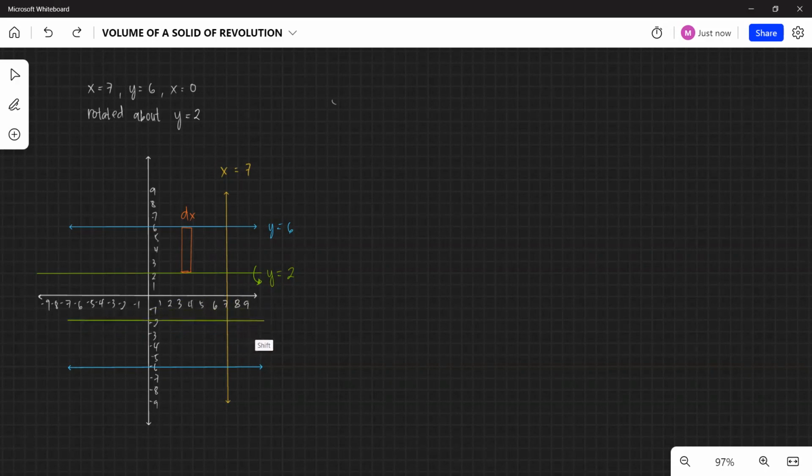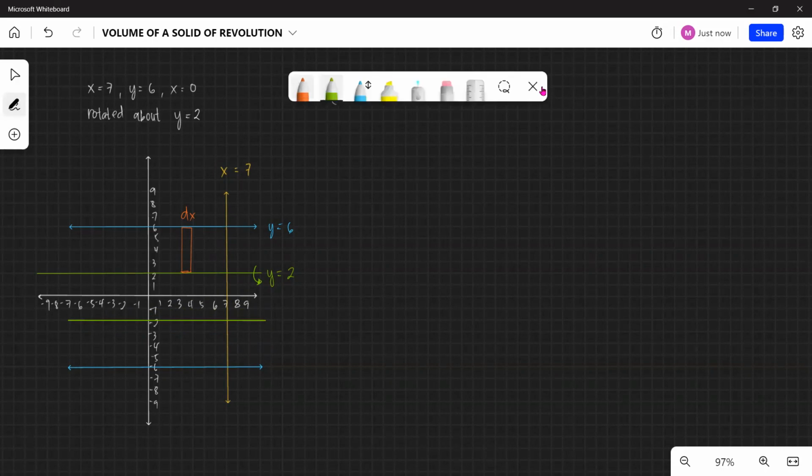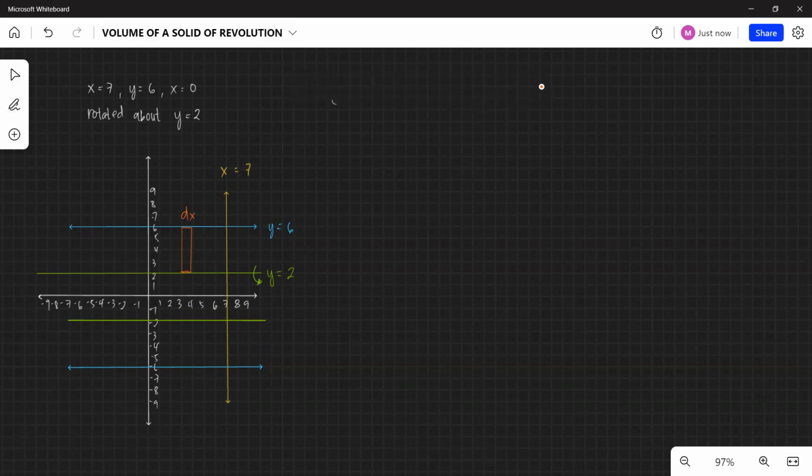Make sure it's a uniform radius: 2 units below the x-axis for the second green line. So in drawing the mirror image of that vertical strip, it reaches that part too. So that's what the vertical strip looks like.